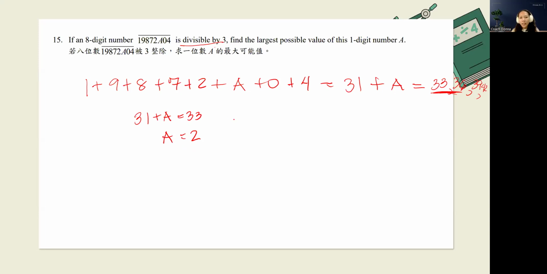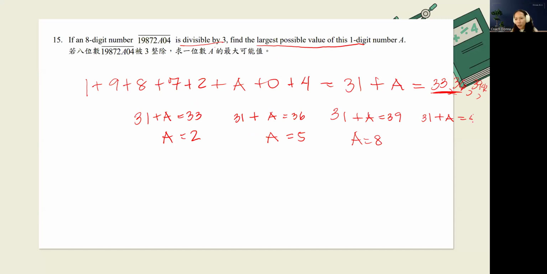Then remember, we want the largest possible value of this one-digit number. 31 plus A equals 36, so A must be 5. 31 plus A equals 39, you'll have A equals 8. 31 plus A equals 42, you'll have A equals 11.